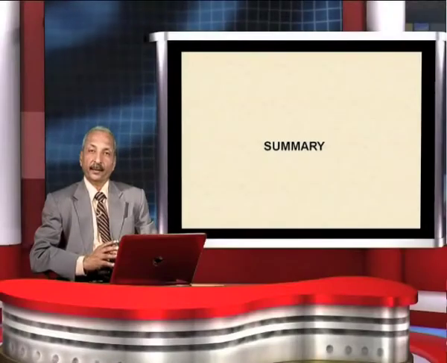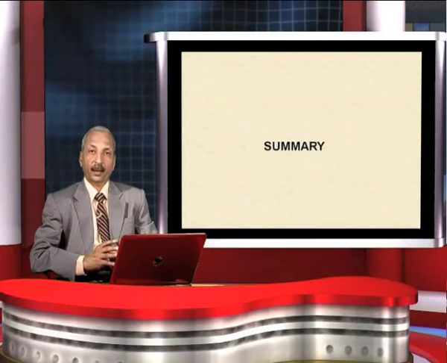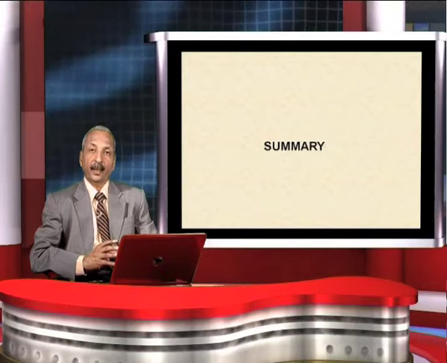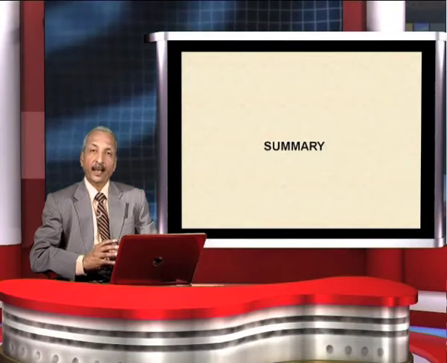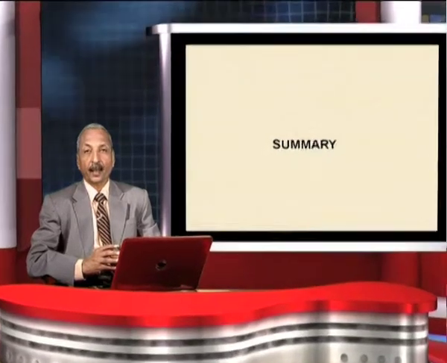In today's lecture, we have seen how weighted index numbers can be constructed, and then we have discussed the criteria for an index number to be satisfied. Here we have discussed in particular the Laspeyres, Paasche's, Marshall and Edgeworth and Fisher's ideal index numbers, and in particular we have discussed the time reversal test and the factor reversal test.